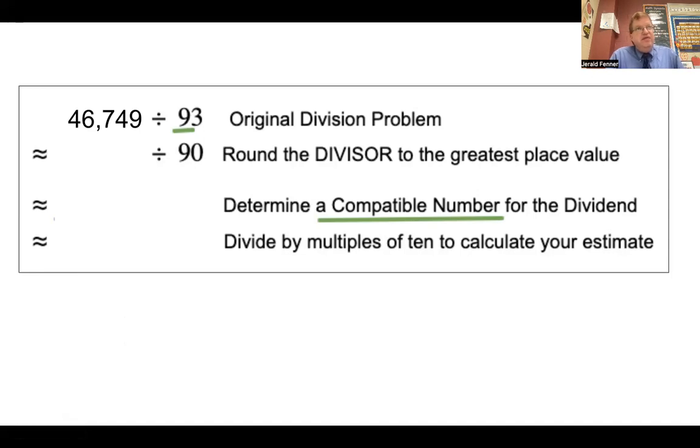Is 36 close enough? Maybe we can go a little bit higher. 36, 45. 45 seems to be close. So we're not going to just round this number to any place value. Instead, we are going to change it to 45,000 because it is a compatible number.